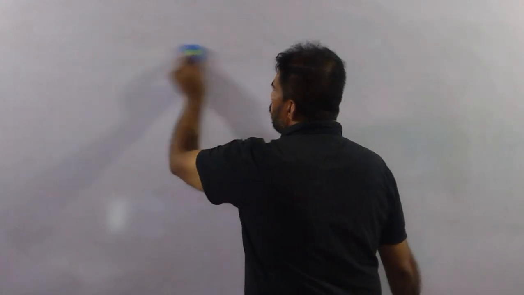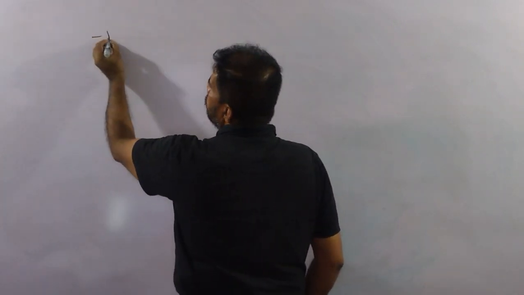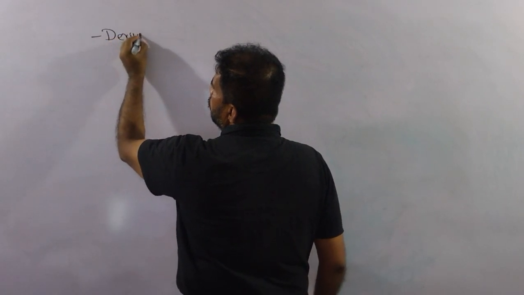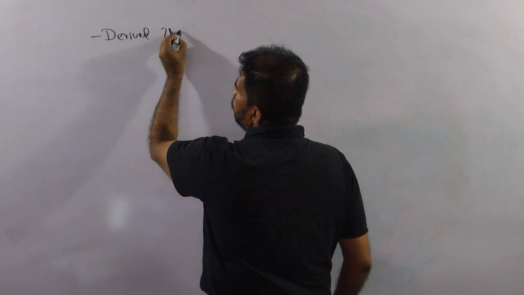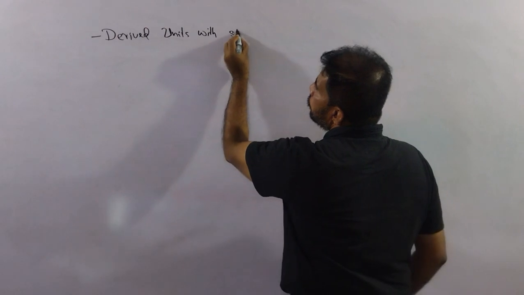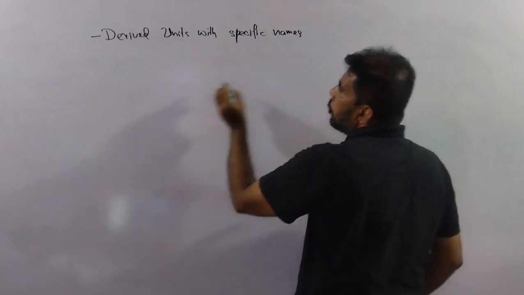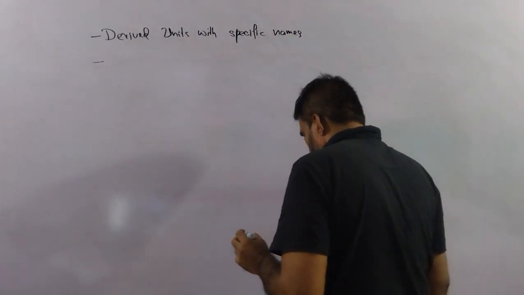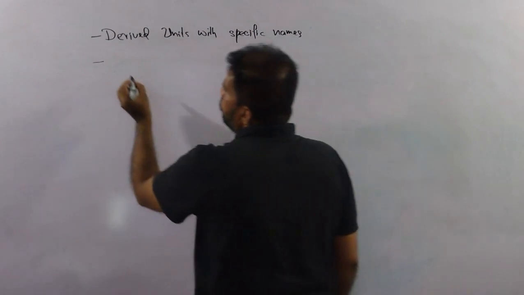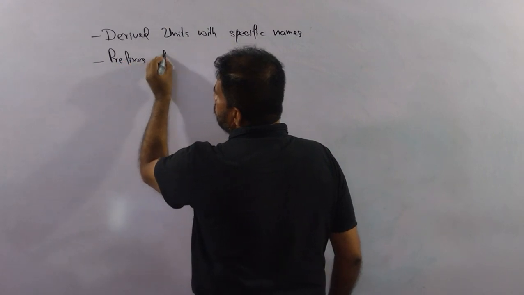Today's plan is like this. We'll complete the unit section. The first thing is we'll discuss derived units with specific names. Then prefixes of units.